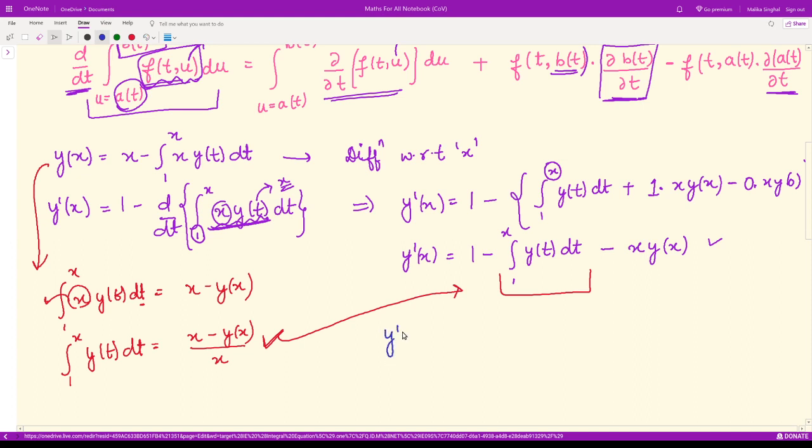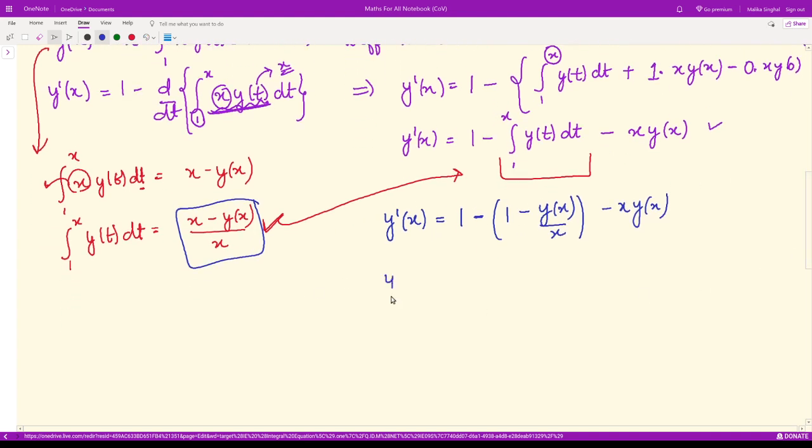We have y dash x equal to 1 minus this term, right? And what is that? It is 1 minus y of x by x, this thing, minus x y of x. So this would give me y dash of x is equal to 1 minus 1 plus y of x by x minus x y of x, right?